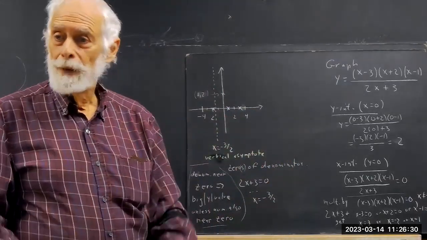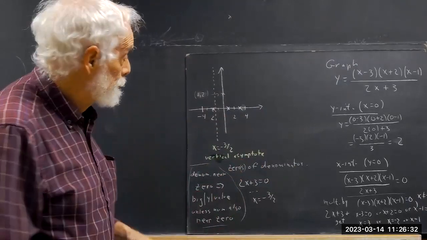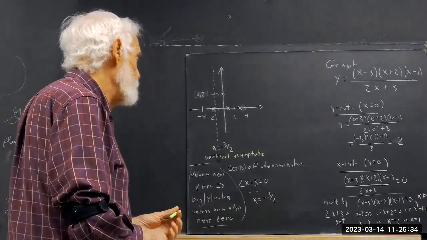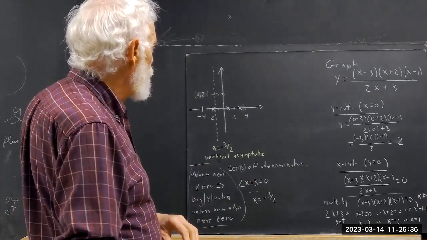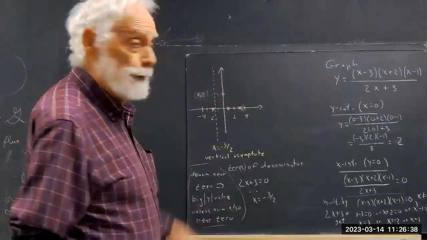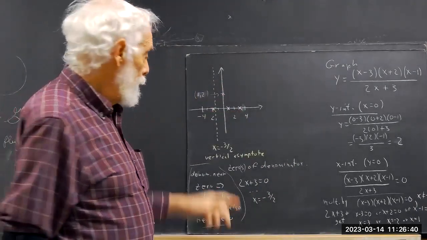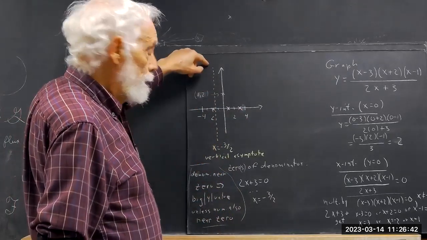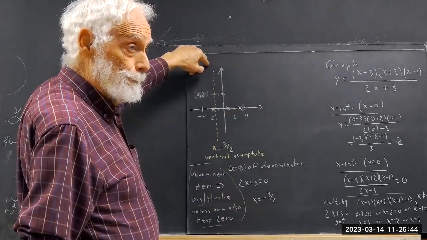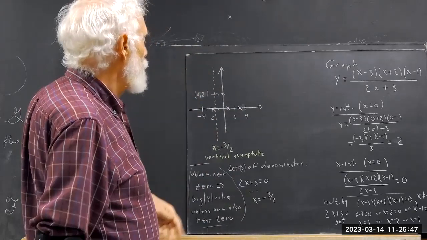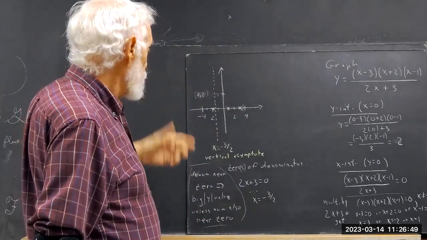And of course, they could be upside down because you could have negatives. You'll see that in a minute. Okay, so we have a graph that has to go through all of these points and has to approach this line as a vertical asymptote.